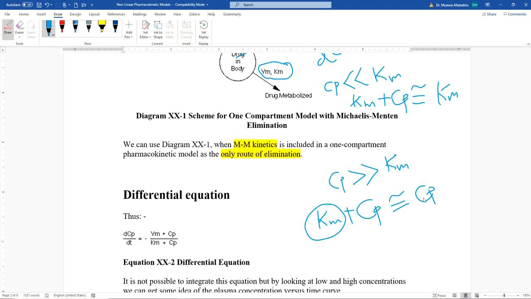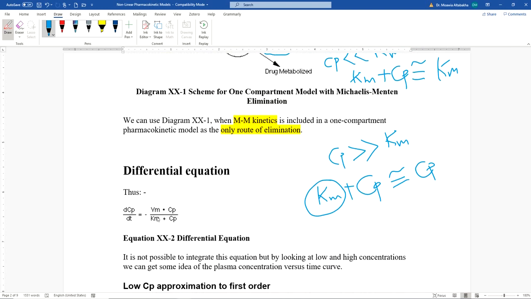When Km plus Cp is equal to Cp, I am removing Km, and Cp cancels with Cp. In this case the rate of elimination, or the rate of change in concentration, will be equal to the maximum rate. It means it reached the maximum, and it will be constant. So what is the pharmacokinetic here? Is it first order or zero order when the rate is constant? When the rate is constant it is zero order kinetics.